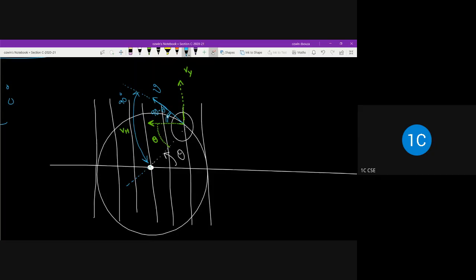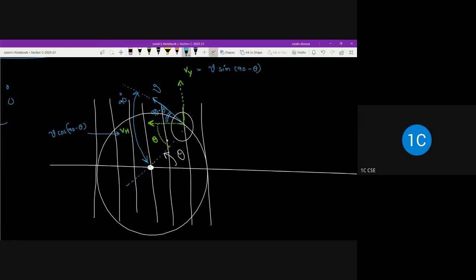Once we have this angle, you can write an expression for the horizontal and vertical components. Your horizontal component can be written as V cos(90 minus theta), and your vertical component can be written as V sin(90 minus theta).